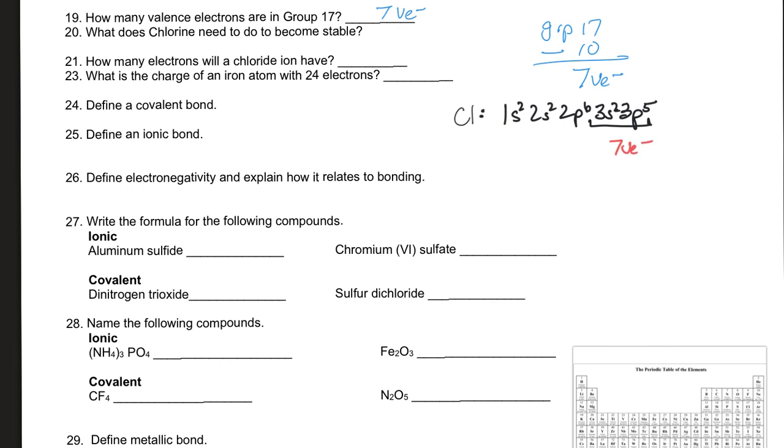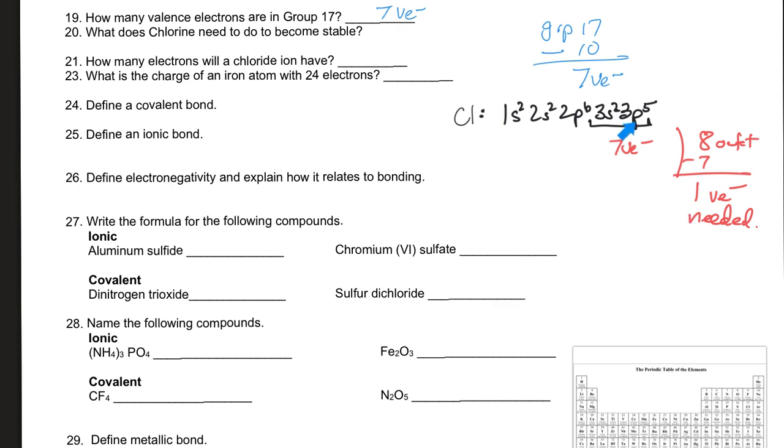Now remember that an octet is what provides stability. So if we take the difference, 8 is the octet, and if we subtract 7, that means that 1 valence electron is needed for us to have stability. So when we look at the question, what does chlorine need to do to become stable? It needs to acquire 1 more electron.